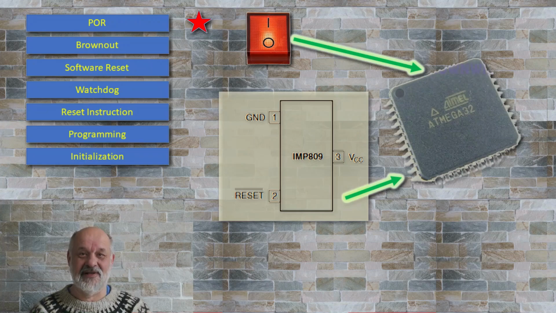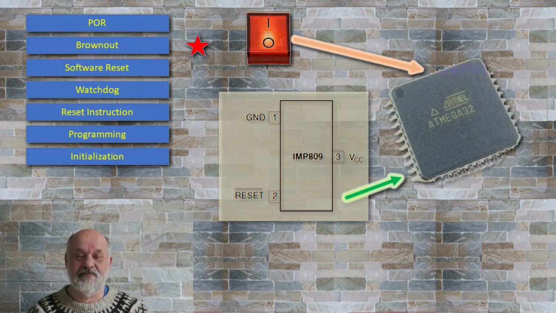The next, not so obvious reset occurs when there is a brownout. When power goes down and comes back again, but doesn't go back to zero, the power is not completely off.